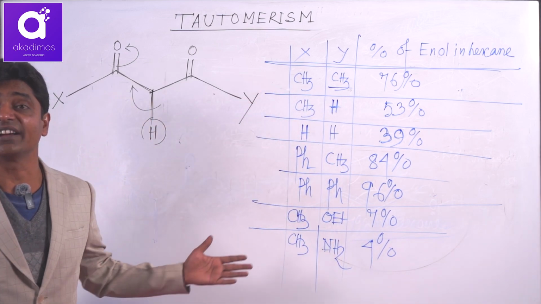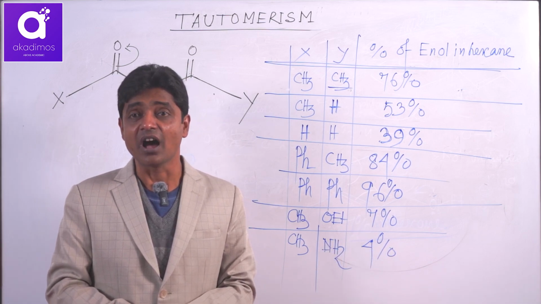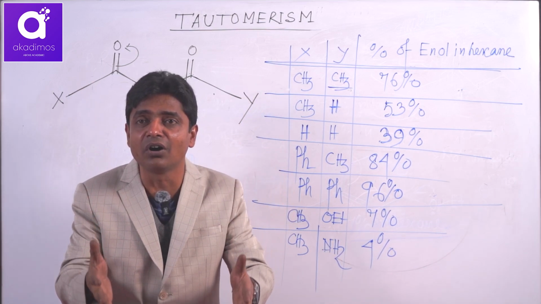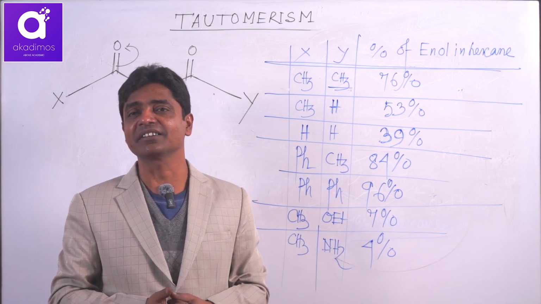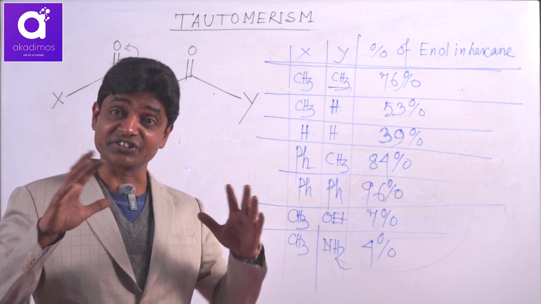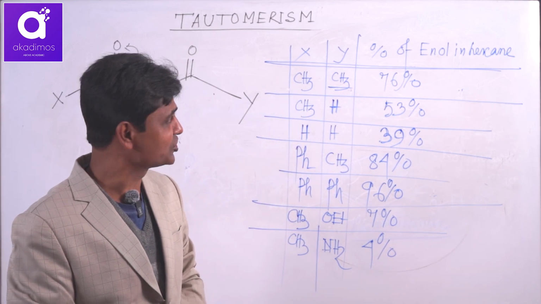This chart will give you an idea about the percentage of enol. How enol percentage falls, I have explained here only by considering stability. Now, solvent effect I have considered here.